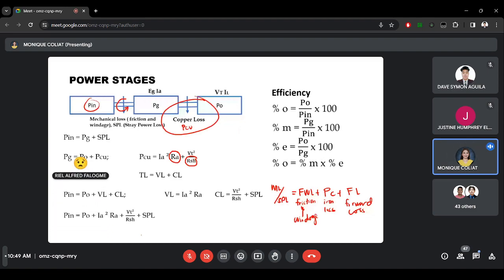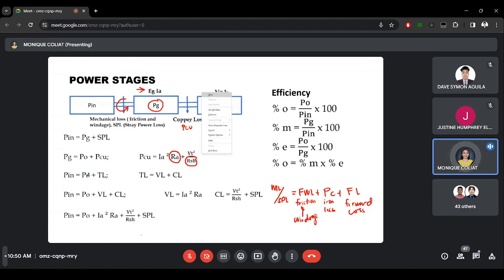Okay, so, ayan. So, from PN, nagkaroon ng mechanical losses. That means nabawasan yung ating generated power. Then, nabawasan ulit bago pa siya maging output power. Okay, so to get PG, that is EG times IA. Madali lang yan. And to get PO, we have VT times IL.